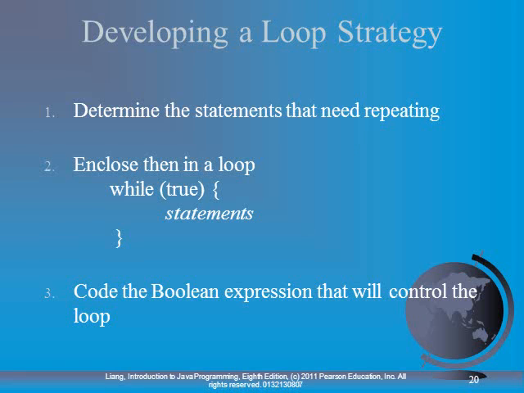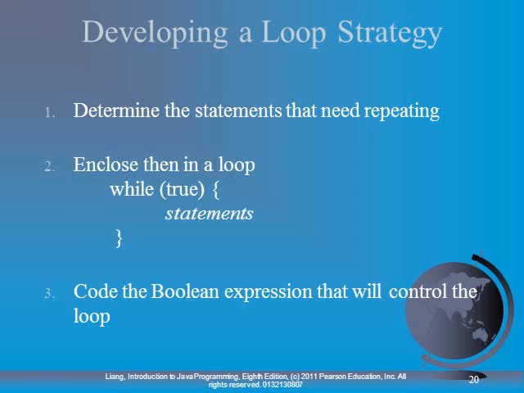So loops take a little planning. You have to first of all determine which statements from your pseudocode need repeating, and then as you are coding, enclose those statements in a loop, and maybe just use while true as the starting condition.